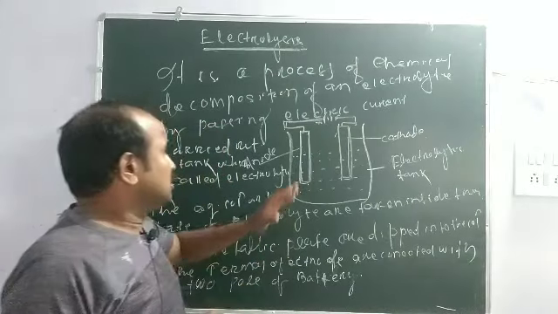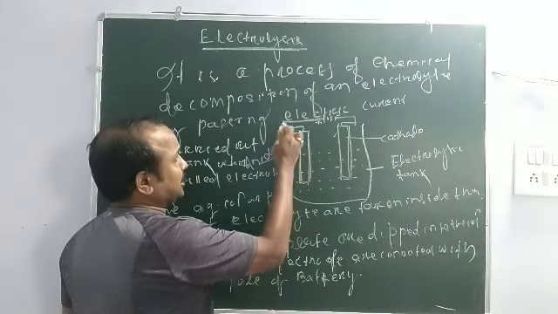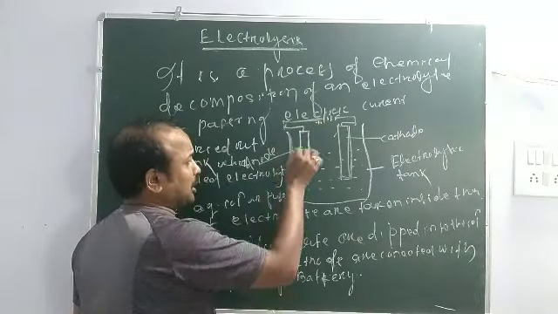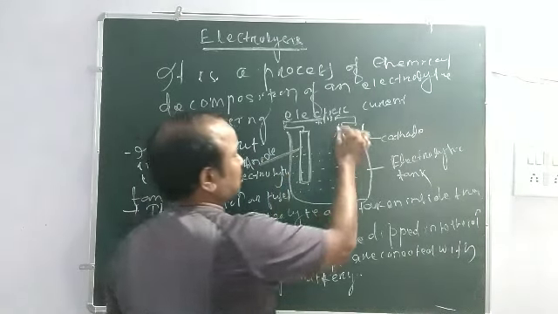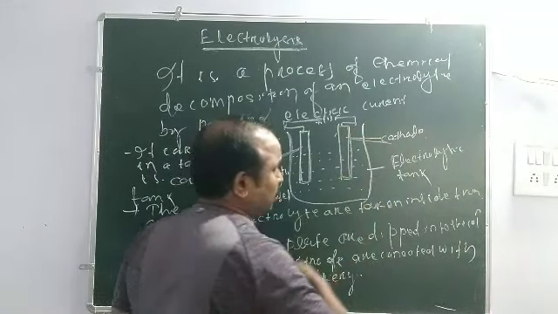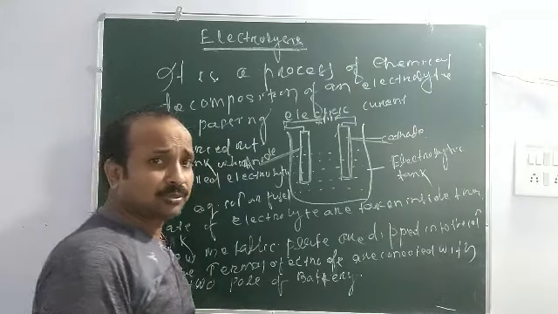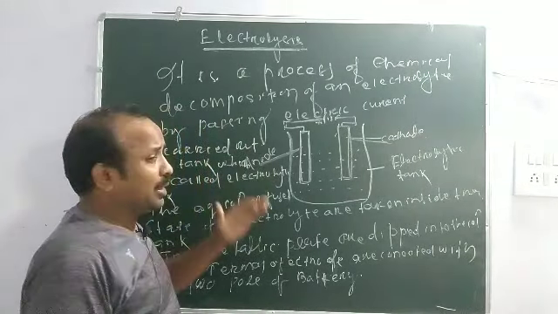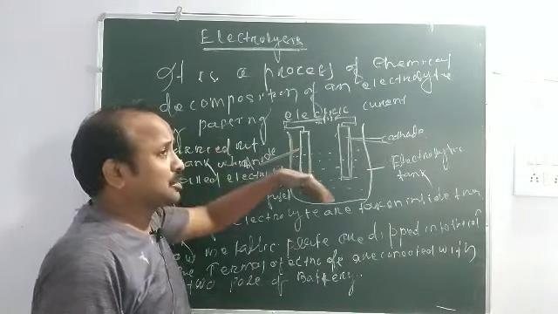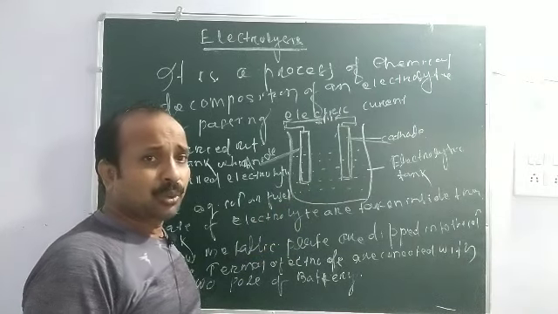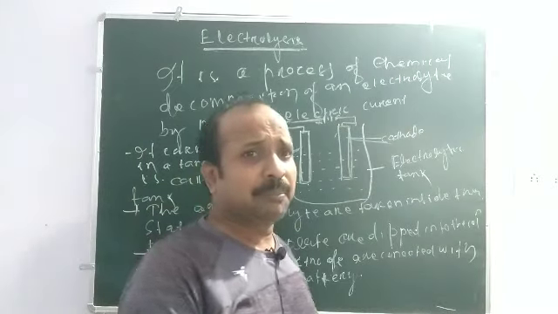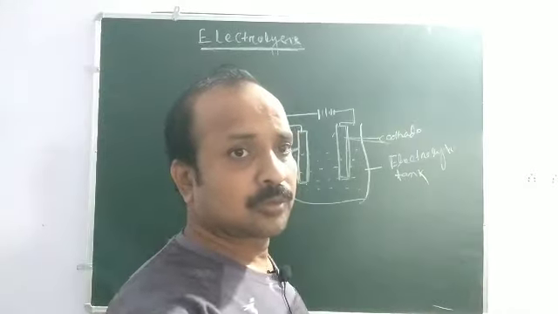The electrode connected to the positive pole is called the anode. The electrode connected to the negative pole is called the cathode. Then what happens when current passes through the solution?